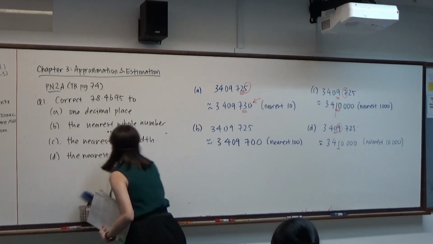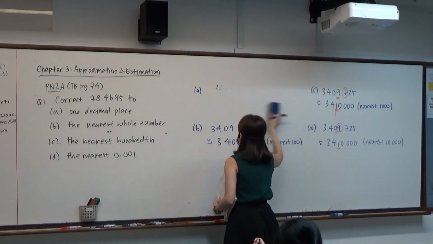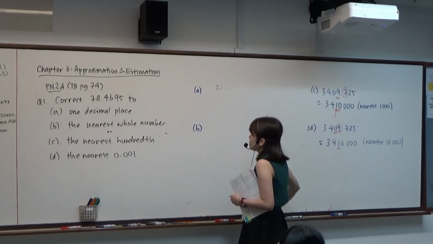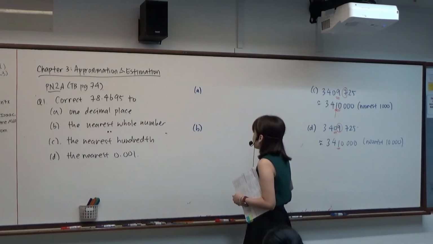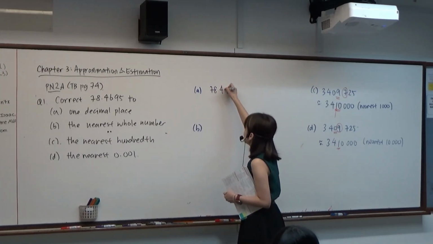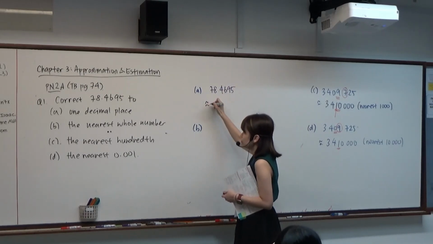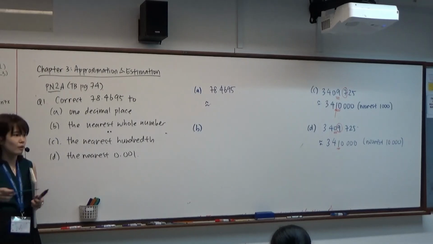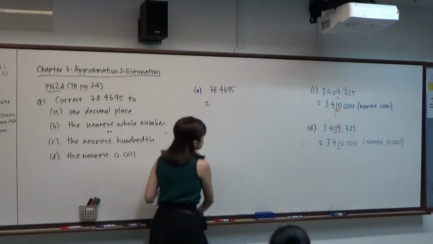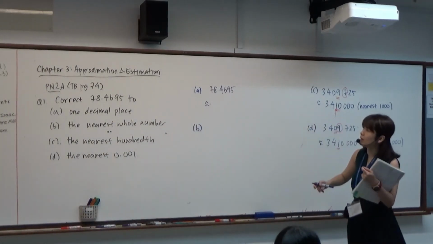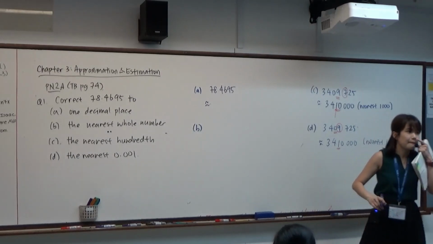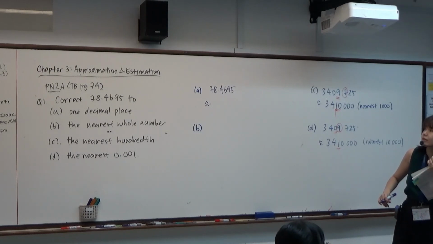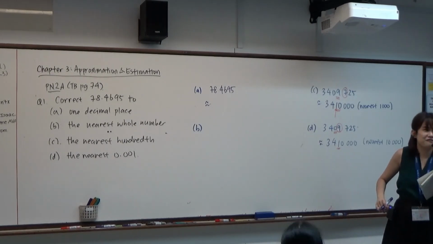With these numbers, it's the same way we go about rounding. For the number 78.4695, how do we round it off to one decimal place? What will your answer be, Yen Hoi? 78.5, probably.